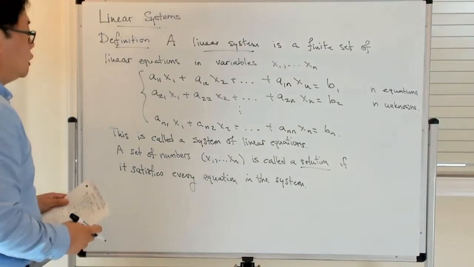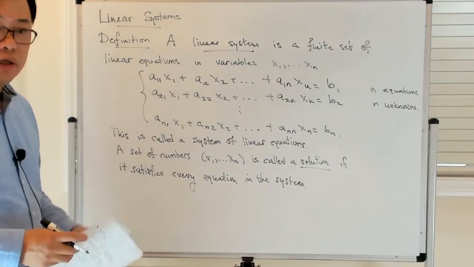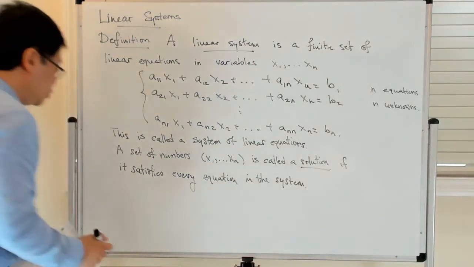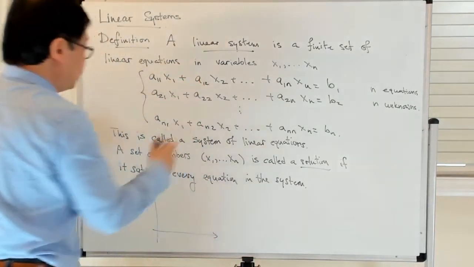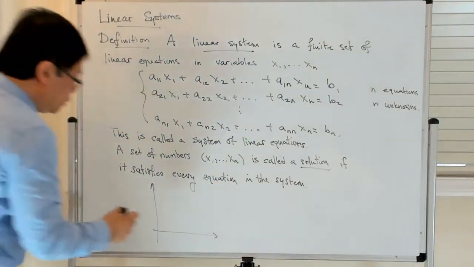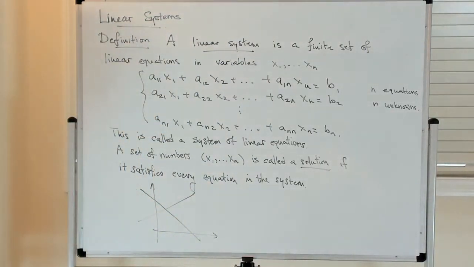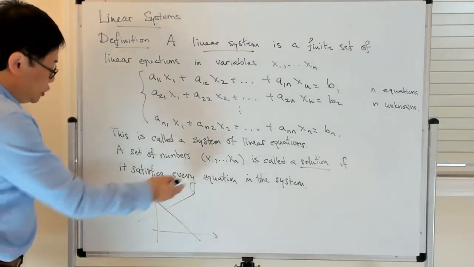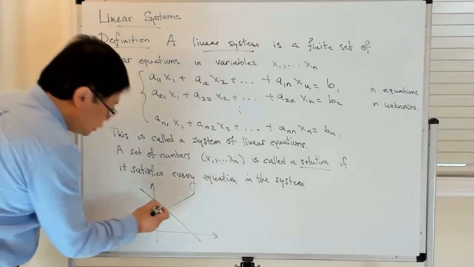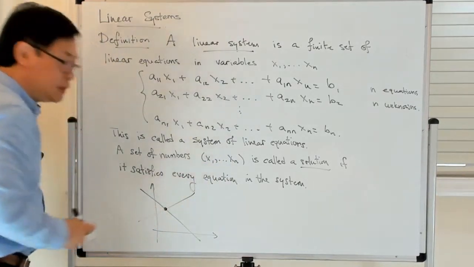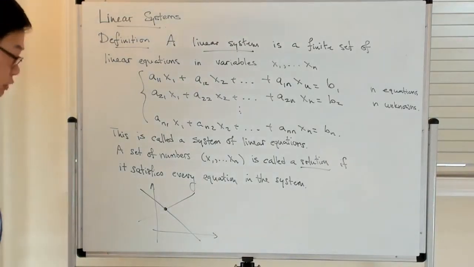You've probably seen examples of this in low dimensions. So for example, in 2 dimensions, each of the equations defines some sort of line in general. And then the intersection of those 2 lines gives you the solution of that system of 2 equations and 2 unknowns.